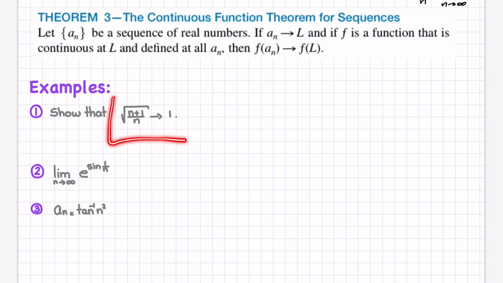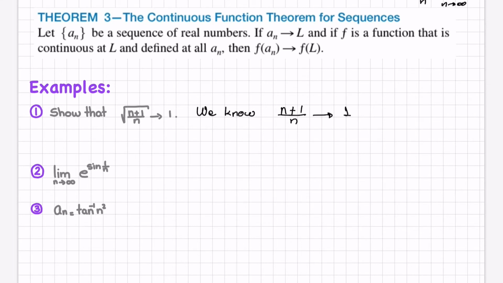Let's show that this approaches 1. So we have to take a limit there. What we know is that the limit of n plus 1 over n, without the square root, approaches 1.